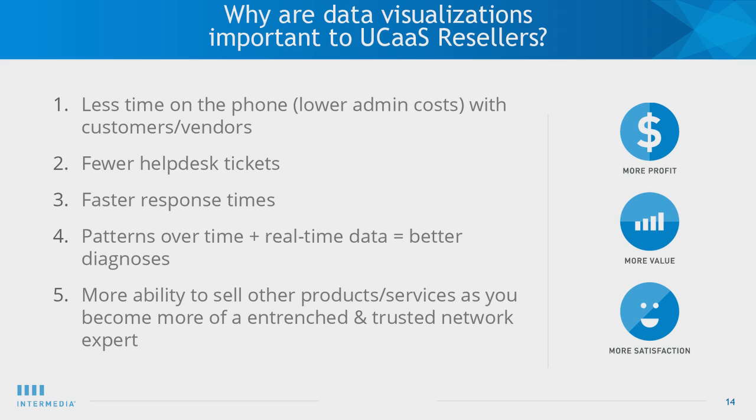Of course, there's going to be fewer help desk tickets because you're going to be getting notifications that allow you to stop or address problems sometimes before your customer even realizes that there's an issue.